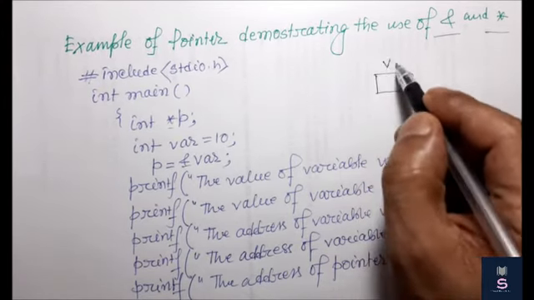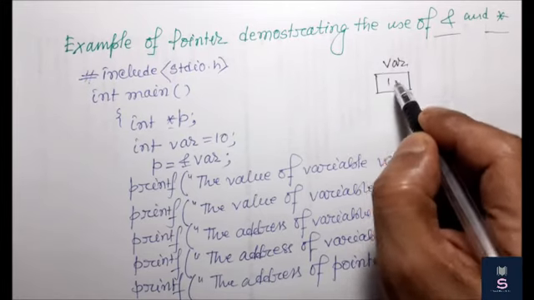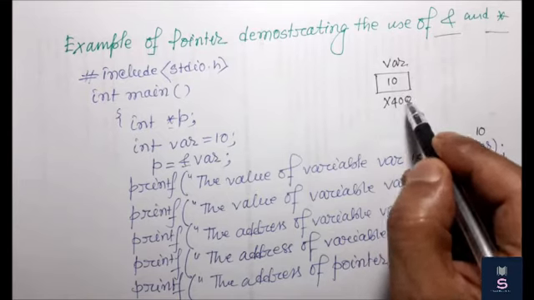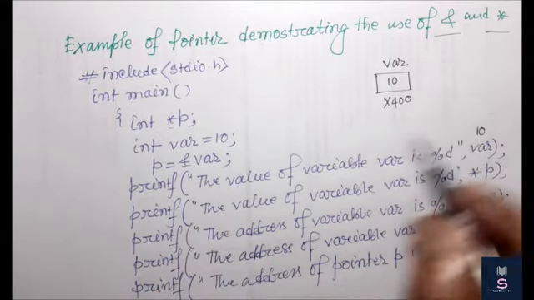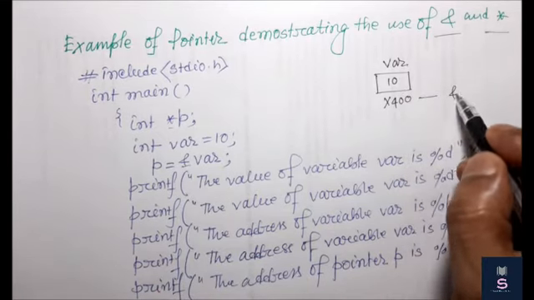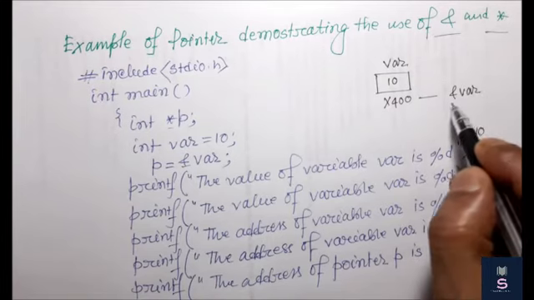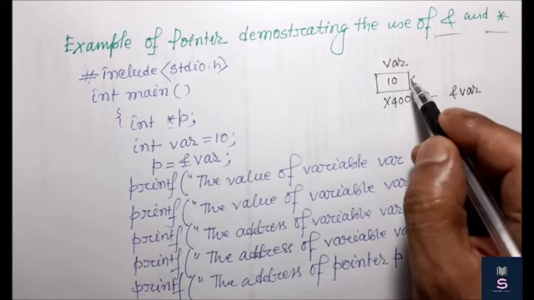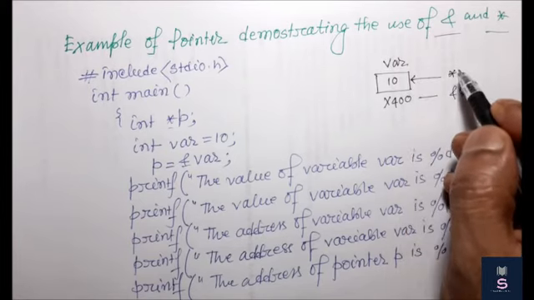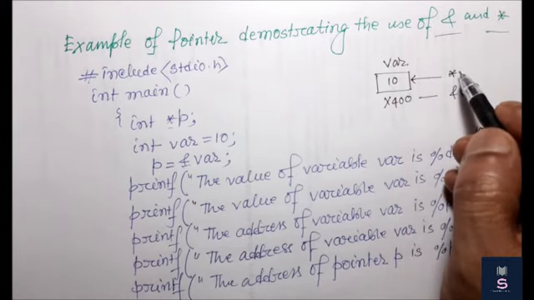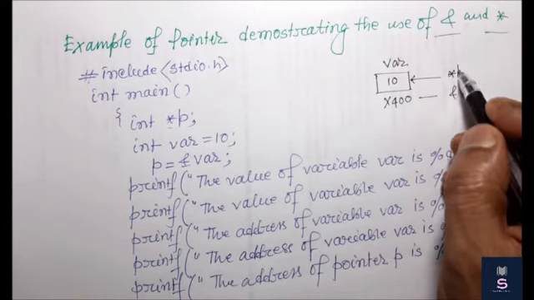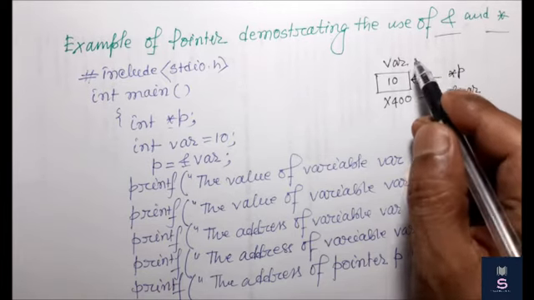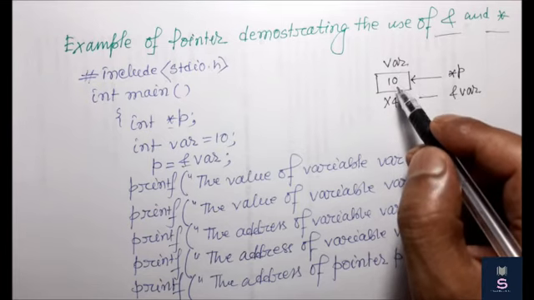Here the name of the variable is var and the value of the variable is 10. For example, the address is x400. So, ampersand var is x400, and I am writing it in this form so that you can get a clear idea about pointer. Value at address is 10 and var is also 10.